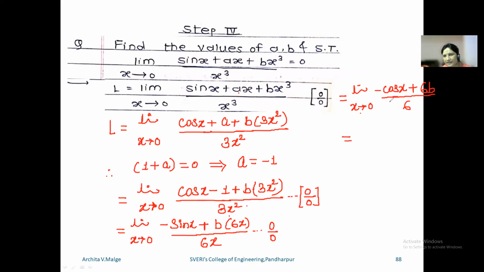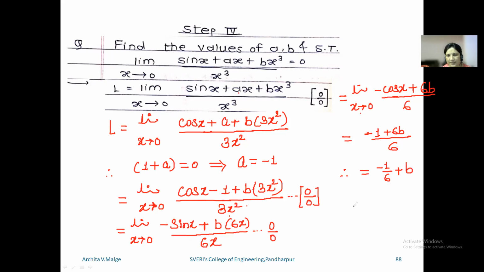By keeping x equal to 0, it will be minus 1 plus 6b divided by 6. Therefore, we are getting that limit minus 1 upon 6 plus 6b divided by 6.